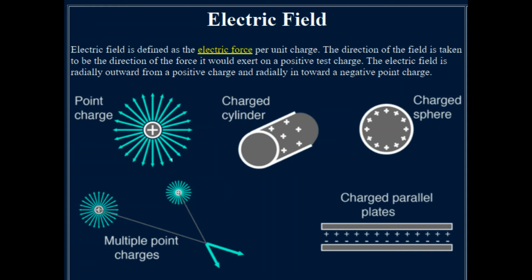So if you were in an electric field, and if you were positively charged or negatively charged, you would experience a force. So an electric field is a region of space where if you were to put a positive charge or negative charge, it would experience a force. If it was neutral, then it may experience a force as well, depending on how it cancels out.